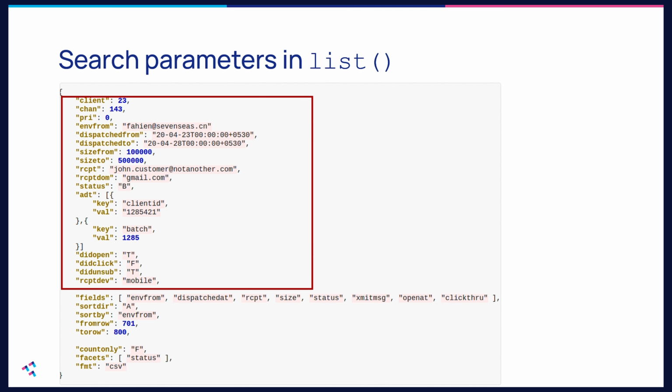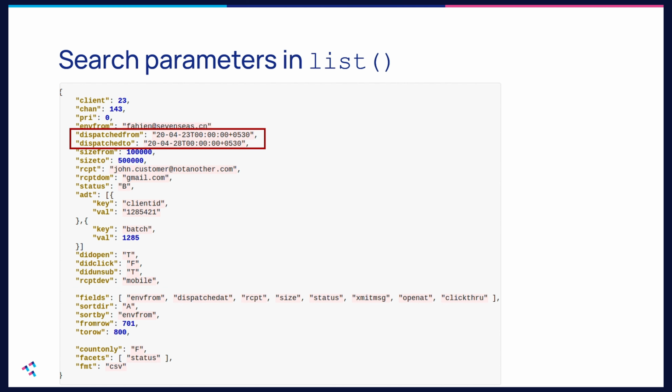Within this set of filter parameters, look at this pair of parameters, dispatched from and dispatched to. So here what we are specifying is, maybe there is an attribute called dispatched at.